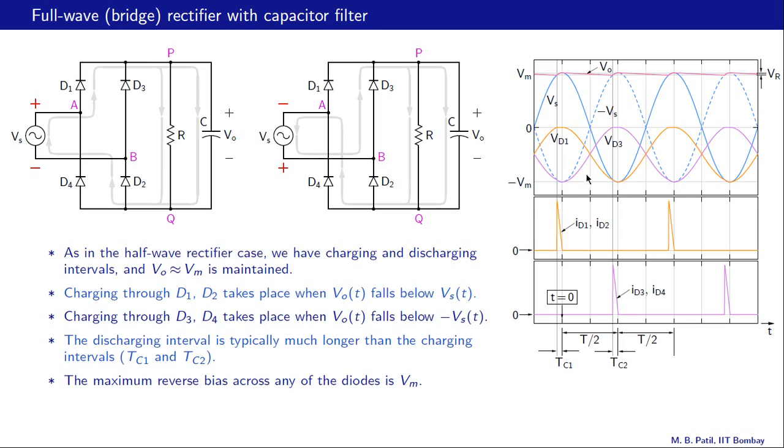This one is VD3, the same as VD4, and once again the maximum reverse bias across D3 or D4 is Vm. Notice also that VD1 or VD2 is 0 when D1 and D2 conduct. Similarly, VD3 and VD4 are 0 when D3 and D4 conduct.